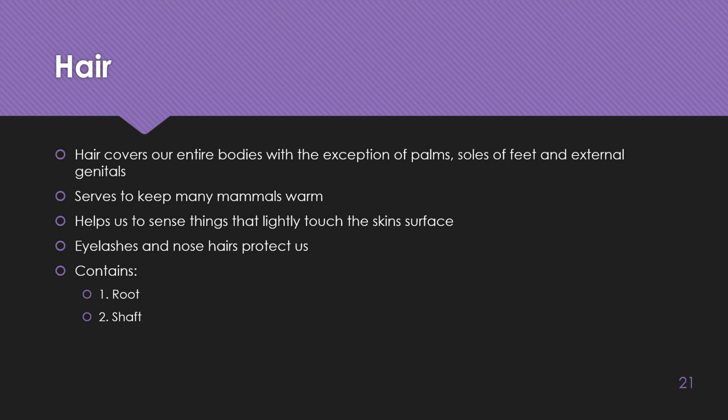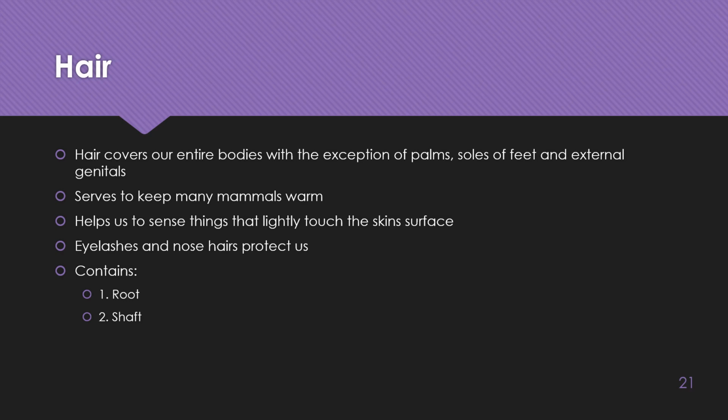So again, two pretty important roles: keeping bodies warm, not necessarily for us as humans, but definitely for other mammals, and also sensing things that lightly touch our skin surface. So you can feel something on your arm, even if it doesn't actually touch your skin, but maybe brushes against the hair on your arms.